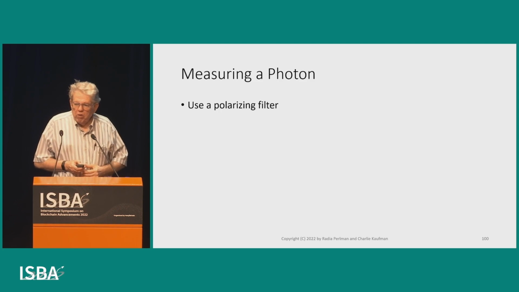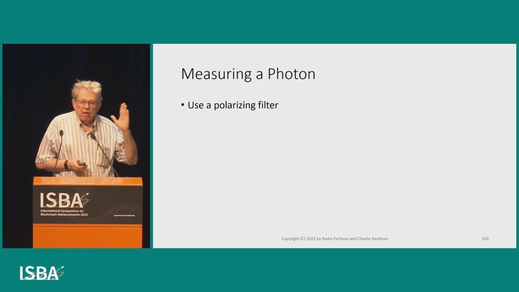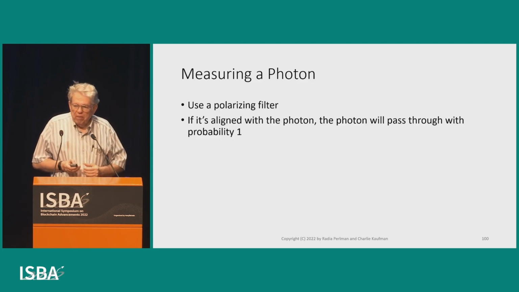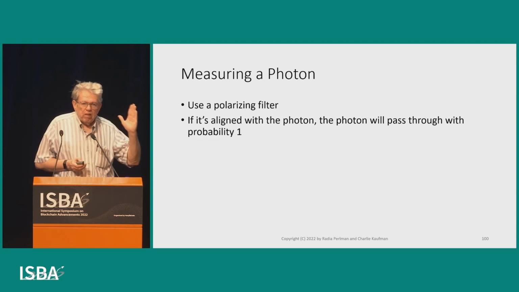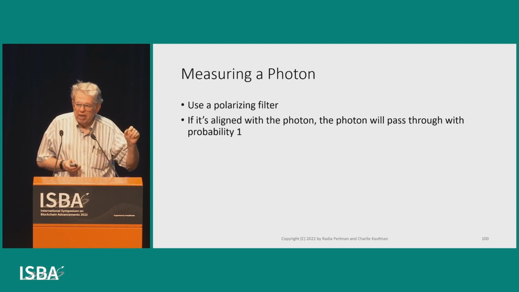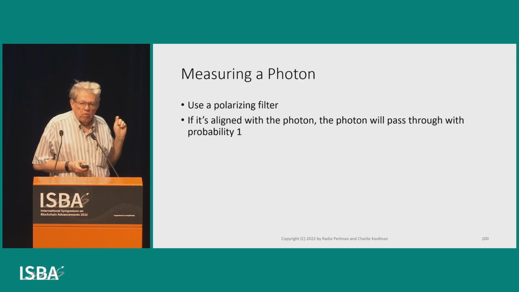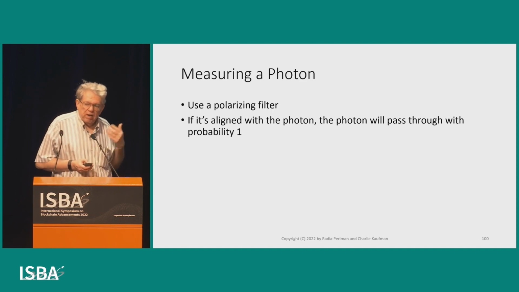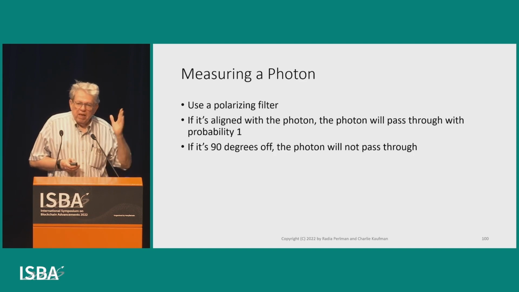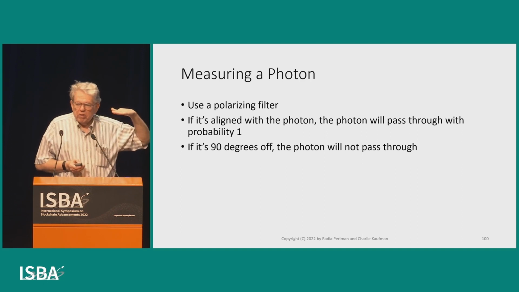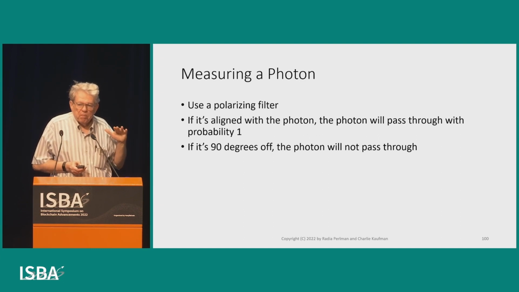The way you measure a photon is you put in a polarizing filter. If your filter is aligned with the polarization of the photon, then 100% of the time the photon will pass through, and you can measure that it did. If the filter is 90 degrees off, then 100% of the time the photon will not pass through; it'll be absorbed.